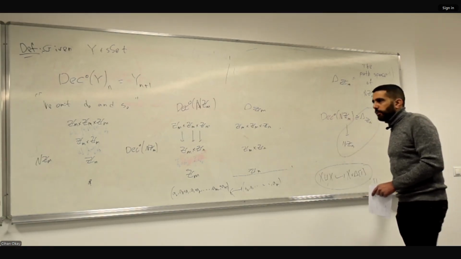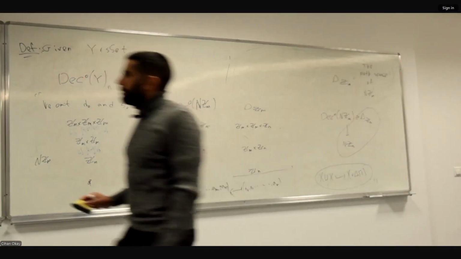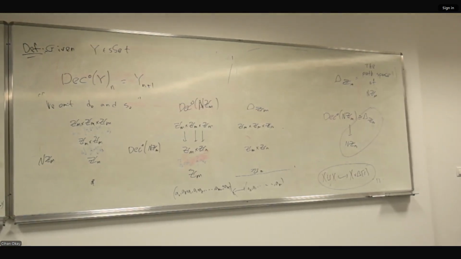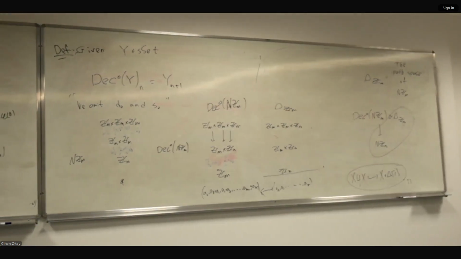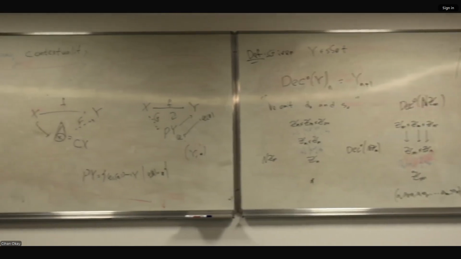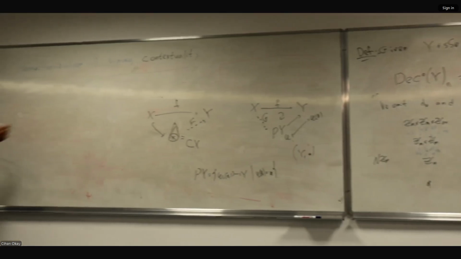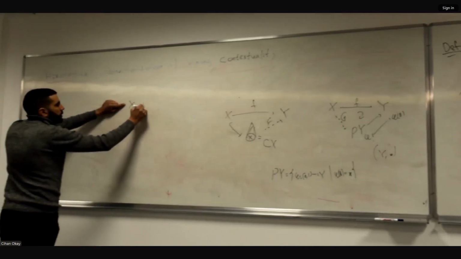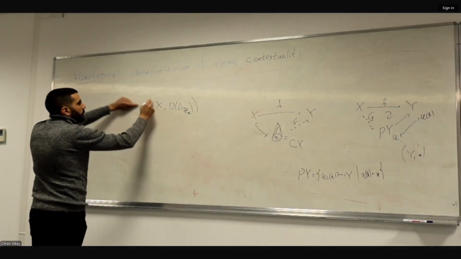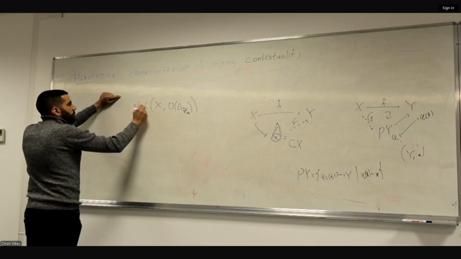Let me write this square and discuss. So we have here delta Zm, simplicial sets from this to this.